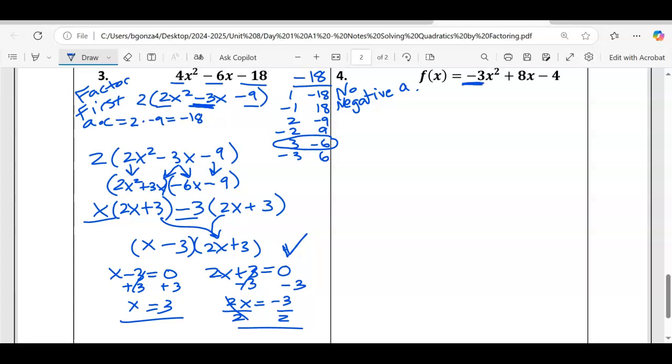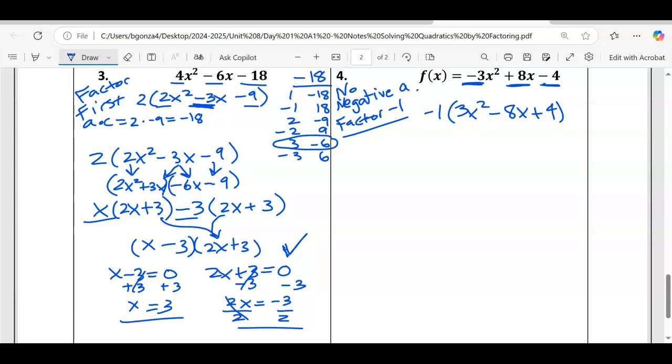So what do you have to do? To factor a negative 1. So if I factor out a negative 1, it's going to change every one of these signs. So negative 1 comes out. This becomes a positive 3x squared. The positive becomes a negative 8x. And the negative becomes a positive 4. Okay?